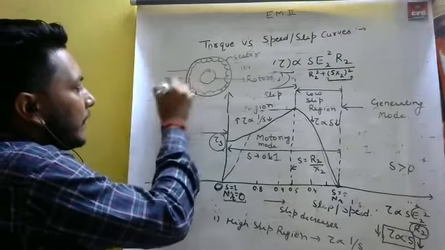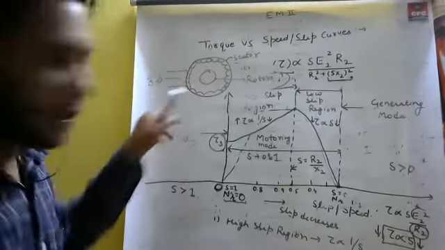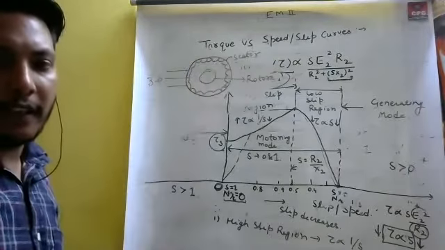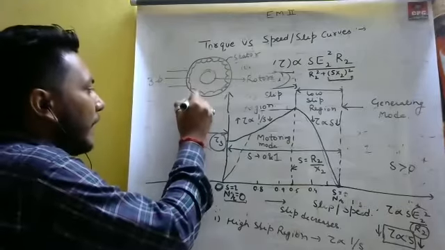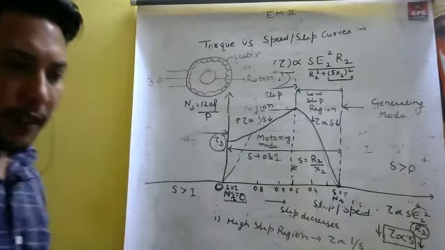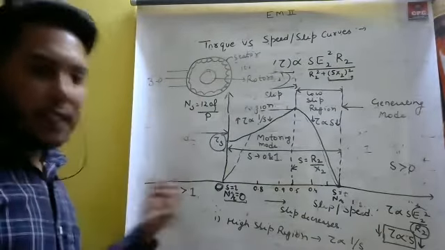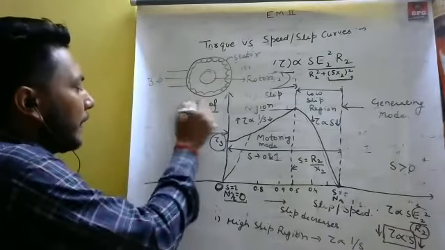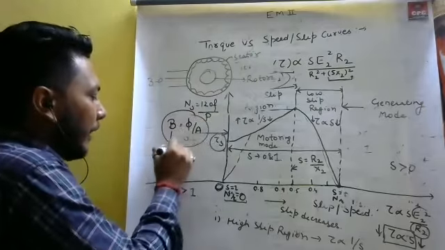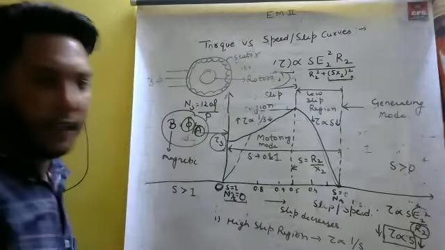When we give three-phase supply to the stator of the induction motor, a three-phase rotating magnetic field is produced in the stator winding, which rotates at a speed ns equal to 120 f upon P. At that time, the flux is also high, because B is equal to phi upon A, where B is the magnetic field, phi is the flux, and A is the area.